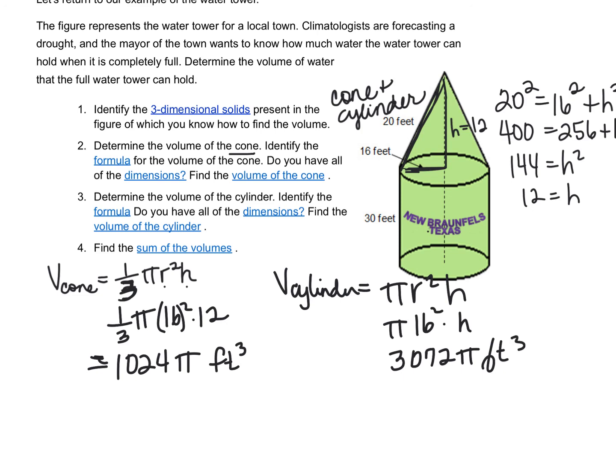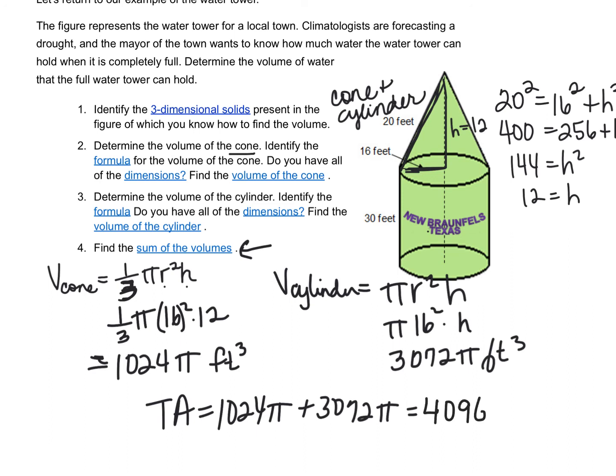So now we just add these two together to get the sum of our volumes, which is 4,096 pi feet cubed, and that is also known as about 12,867.584 cubic feet of water that the water tower will hold.